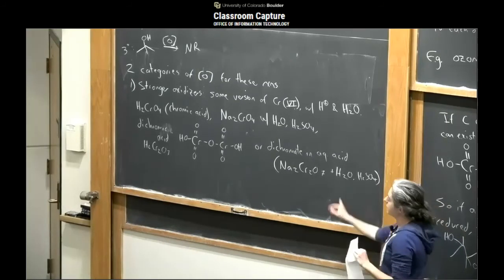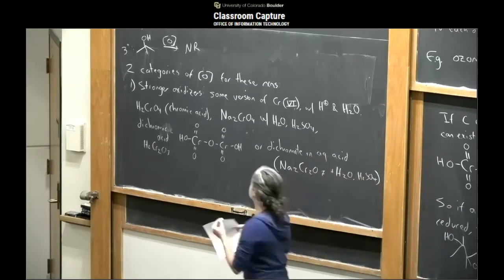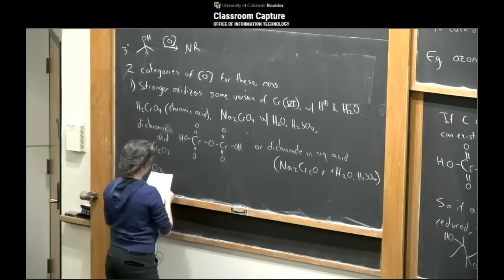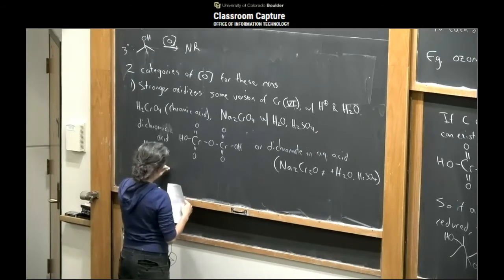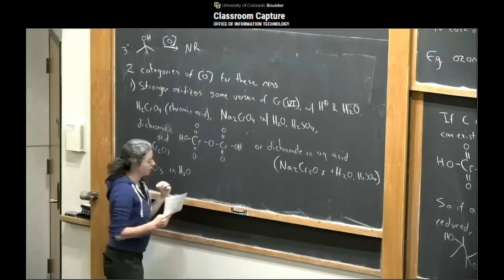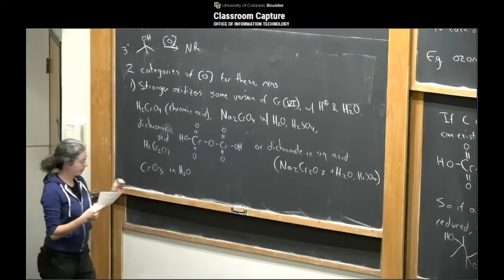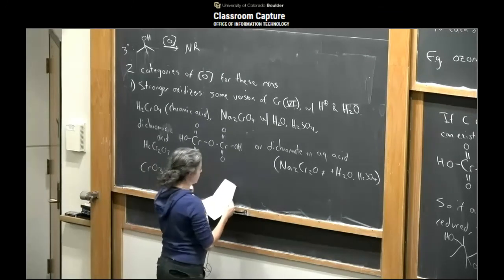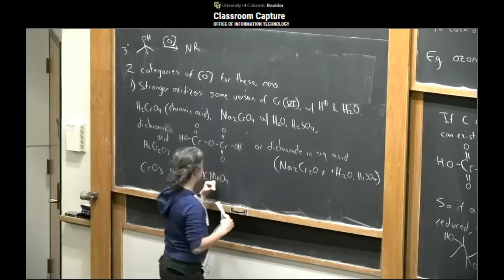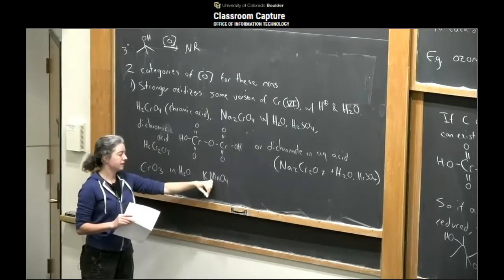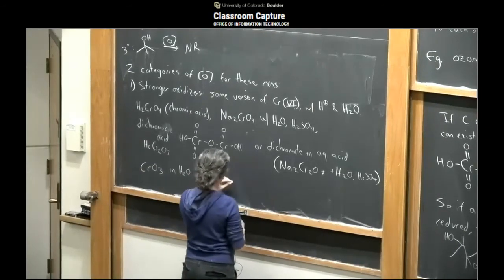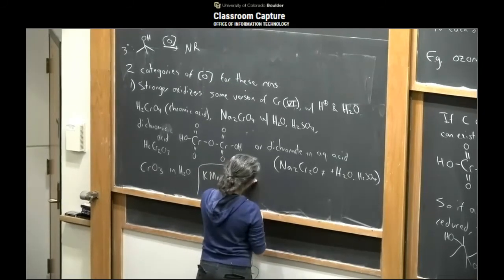So it could be any combination of these, or it could be just straight CrO3, chromium trioxide, in H2O. That would also count. And another kind of different one is potassium permanganate, KMnO4, where the manganese is a little bit different oxidation state from chromium, but it still does the same thing.